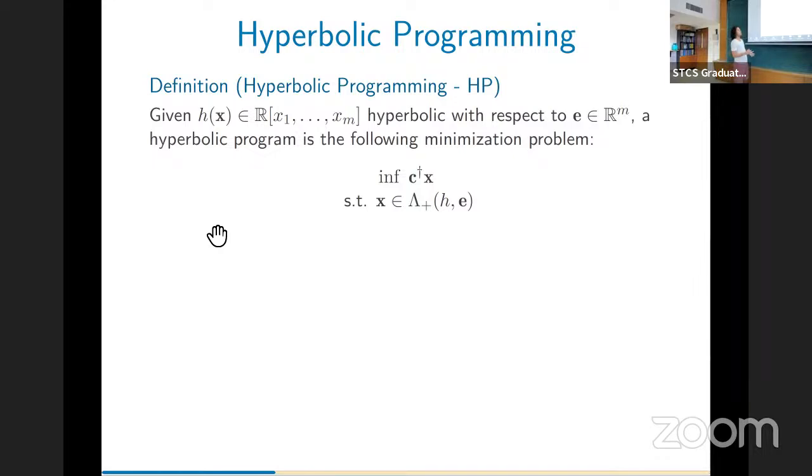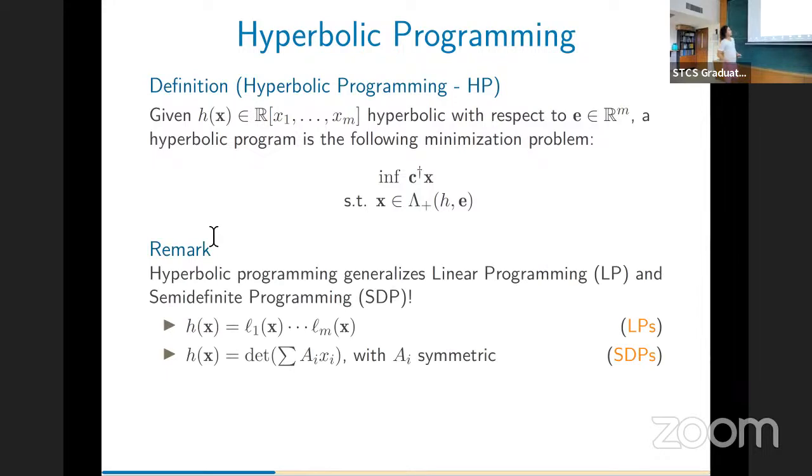How do I generalize linear programming and semidefinite programming? One way is, if I put my linear constraints here, the product of my linear constraints, I'm generalizing linear programming. And if I put here the determinant of my matrix with A_i symmetric, I know that X needs to make this matrix positive semidefinite. Does that make sense?